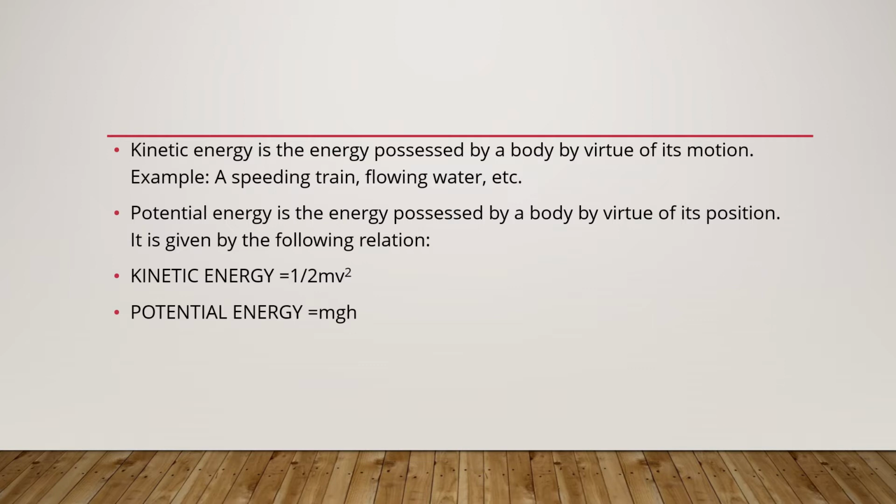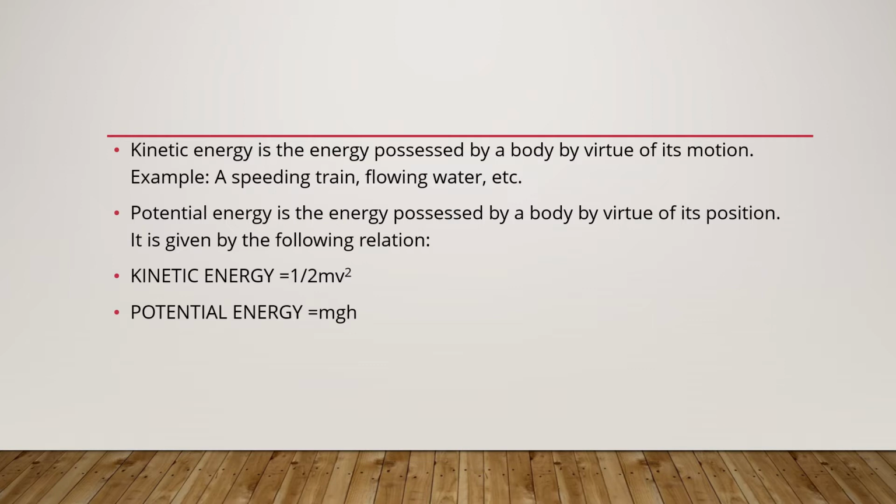Energy produced due to motion of an object is known as kinetic energy. Example, a speeding train, flowing water, etc. Whenever a body moves, it possesses a kind of energy. That energy is known as kinetic energy, and you can write innumerable examples by using anything which is moving.